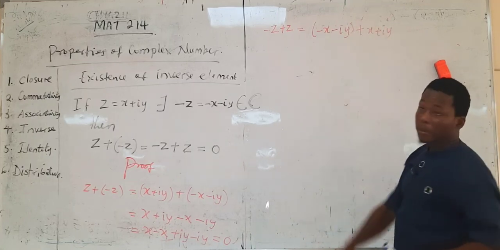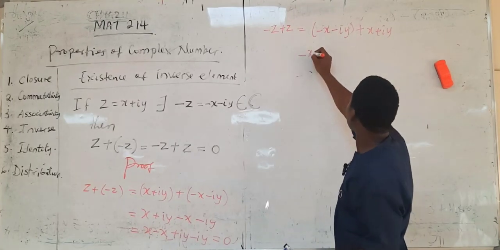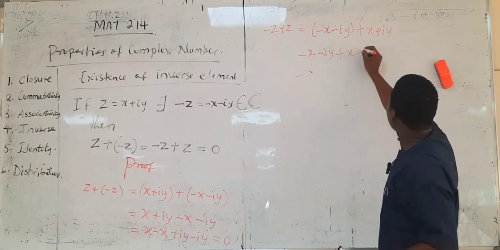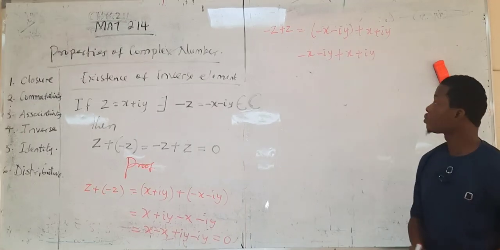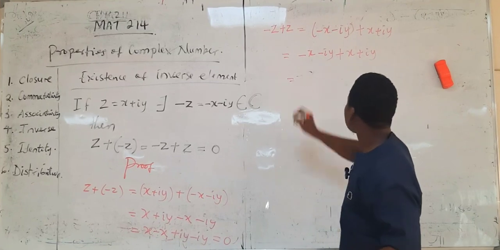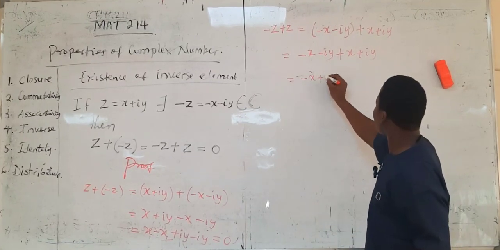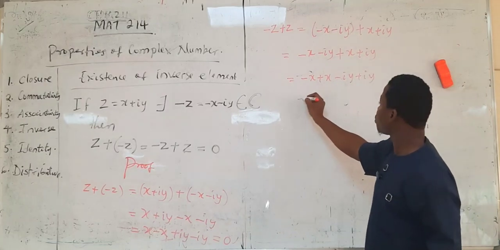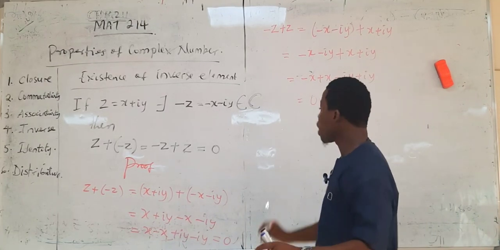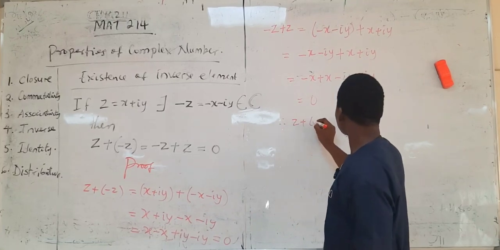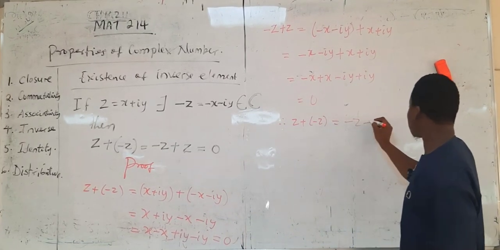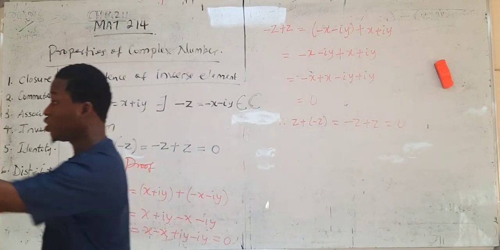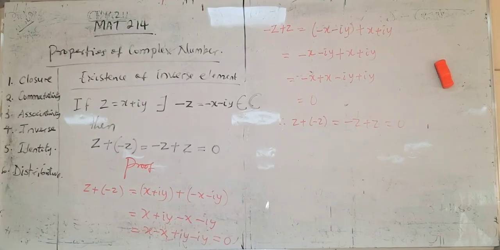So by opening the bracket, we have minus x minus iy plus x plus iy. So collecting the like terms, we have minus x plus x minus iy plus iy. So this is equal to 0. So we have therefore that z plus minus z is the same thing as minus z plus z, which is 0. So this is the instance of additive inverse.